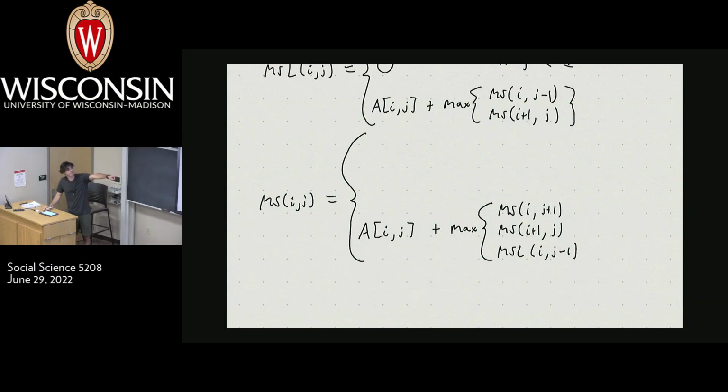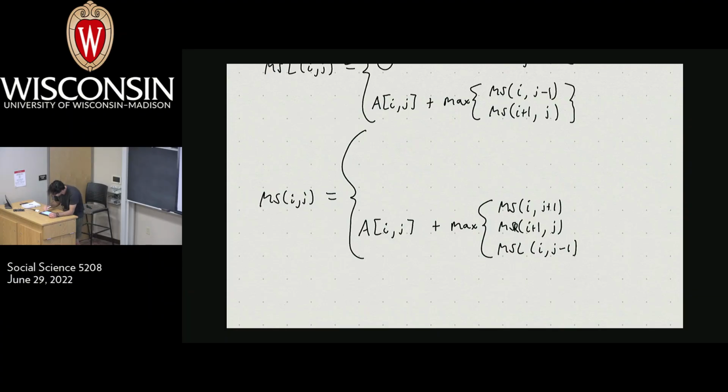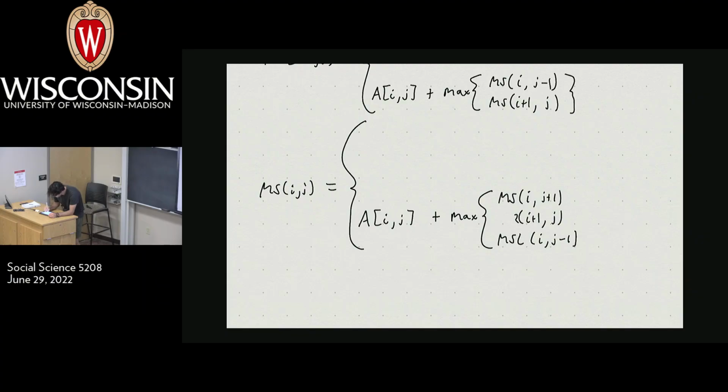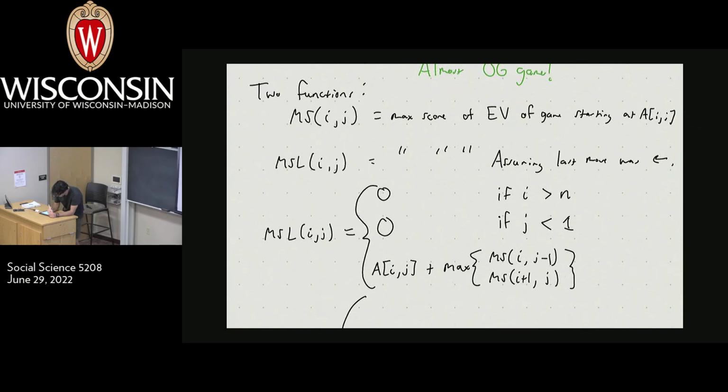For the left case, we're calling the left function because it behaves differently overall. I see it now. This should be an MSR. So we also have an MSR, which is the MS from before. Oh, that one's down. So MSR is the same one from before.